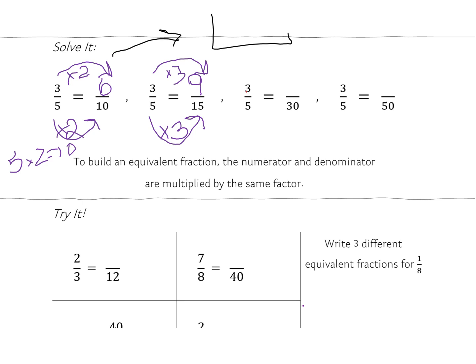I'm going to draw a box, and since I'm working with fifths, I'm going to cut it into 5 pieces. To show 3/5, I'm going to color in 3 of those pieces. Hang on one second, let me try that again.